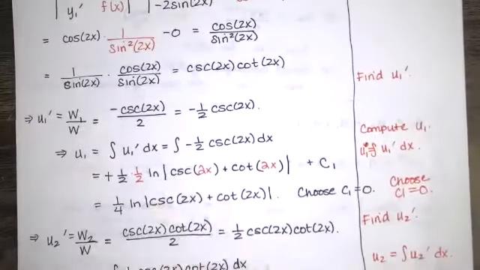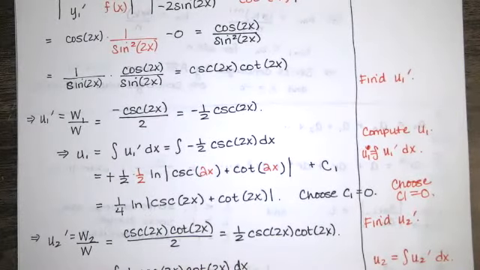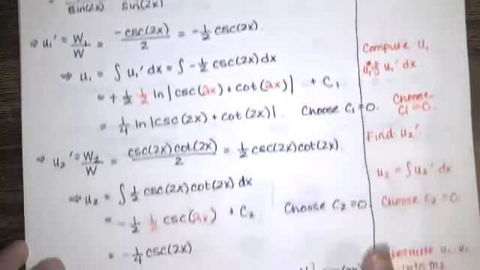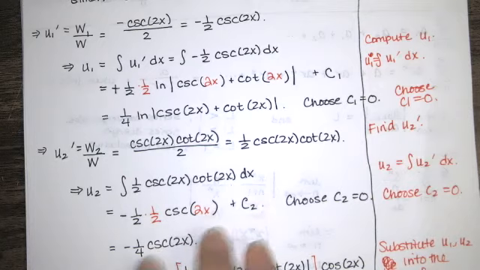And then u1 prime is w1 over w. And we simplify that. And if we were trying to find u1, we just take the antiderivative of both sides. Then u2 prime is w2 over w. You simplify that. If you want to get u2 back and you've got u2 prime, you take the antiderivative, and you end up here.